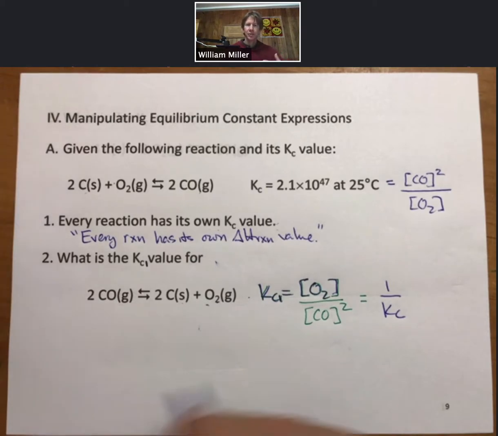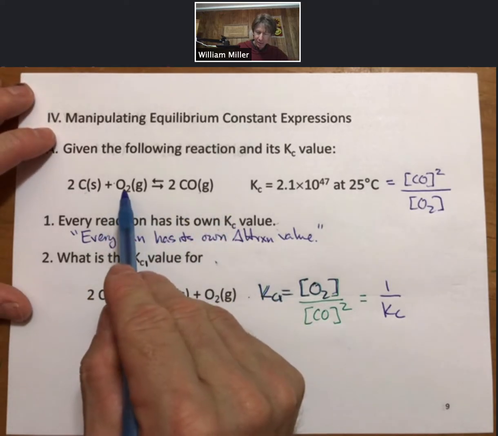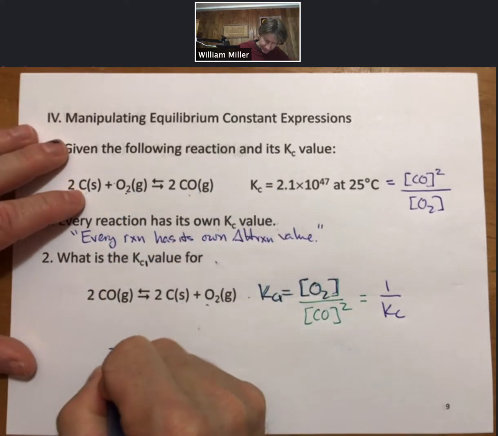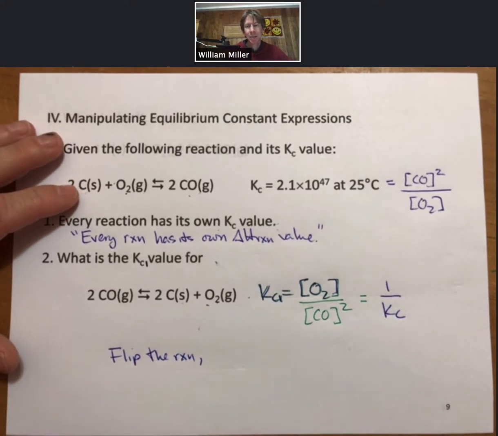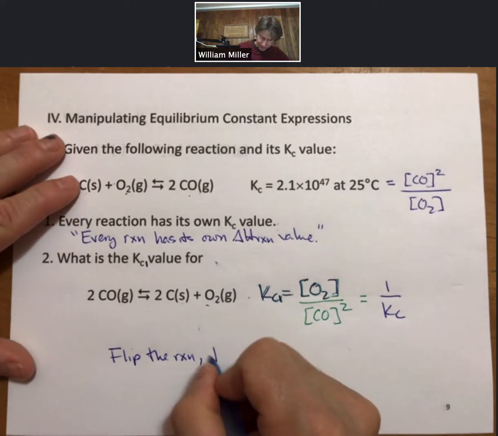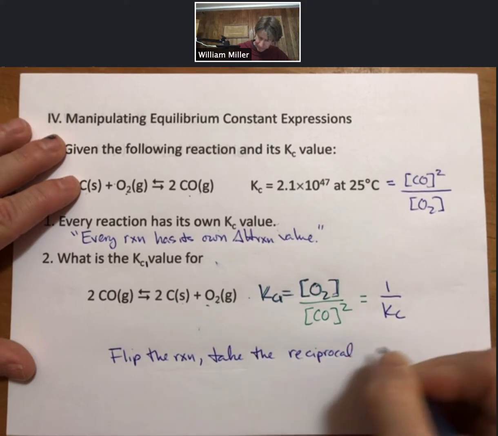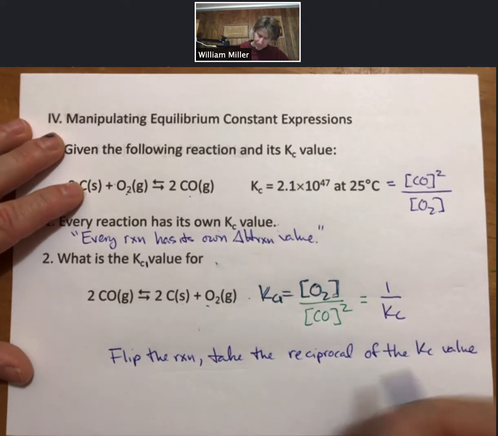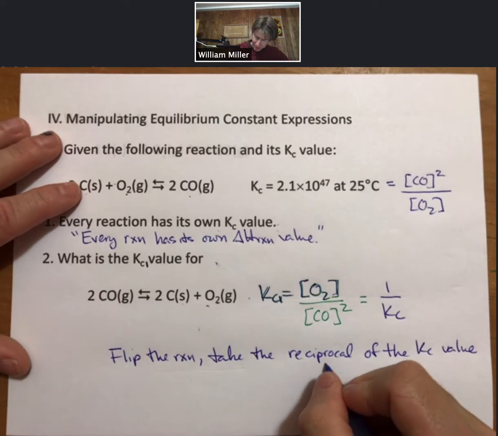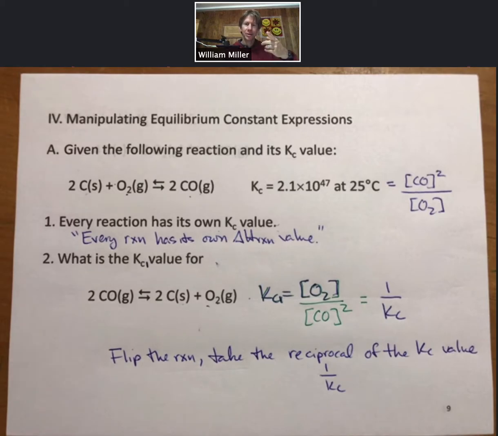So the rule of thumb that we get is now: flip the reaction, take the reciprocal of the Kc value. And reciprocal just means 1 over Kc. You could also say invert, however you think it works for you.